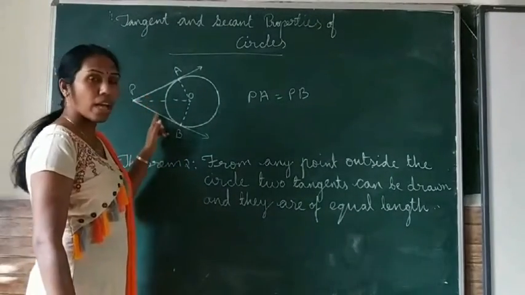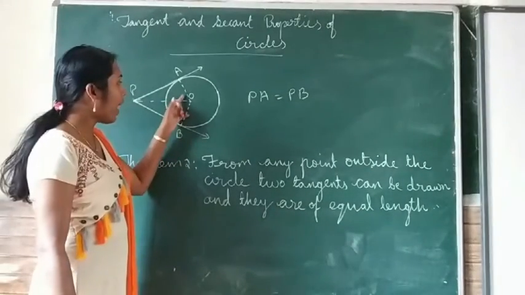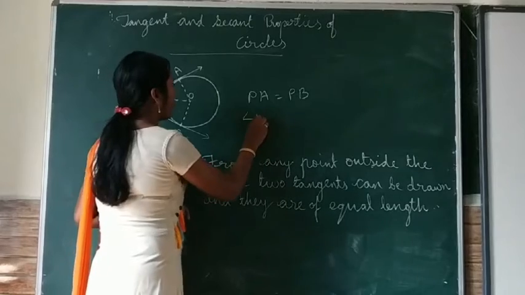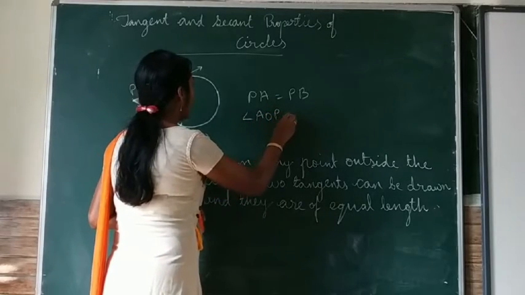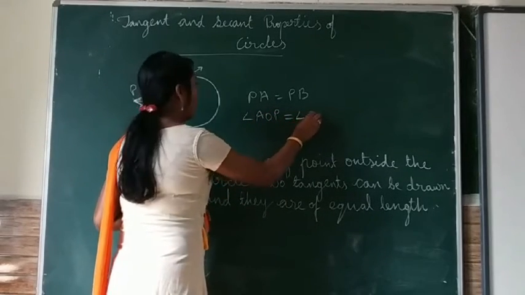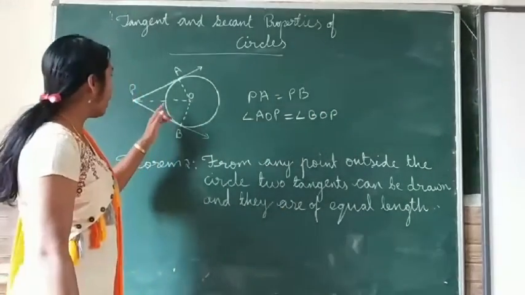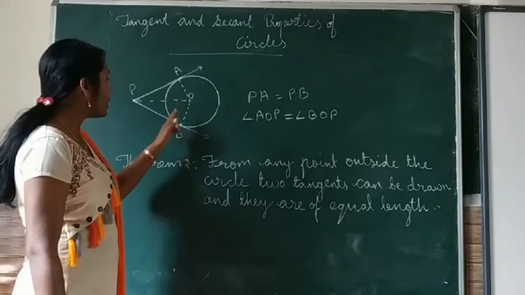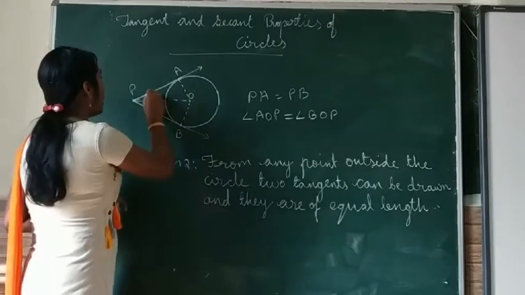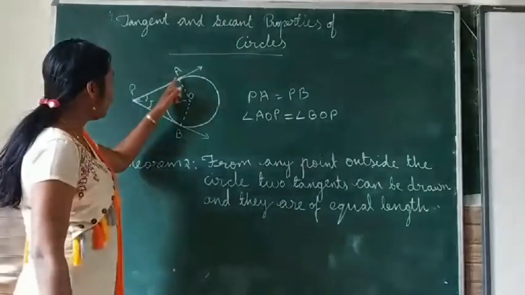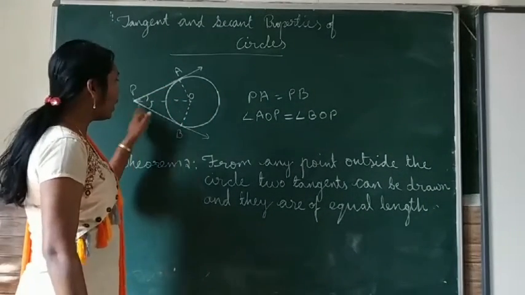That means these two tangents subtend equal angles at the center. These two angles are equal. That means angle AOP is equal to angle BOP. Now we can also write angle APO is equal to angle BPO. These two angles are also equal. This is also a property of tangents.